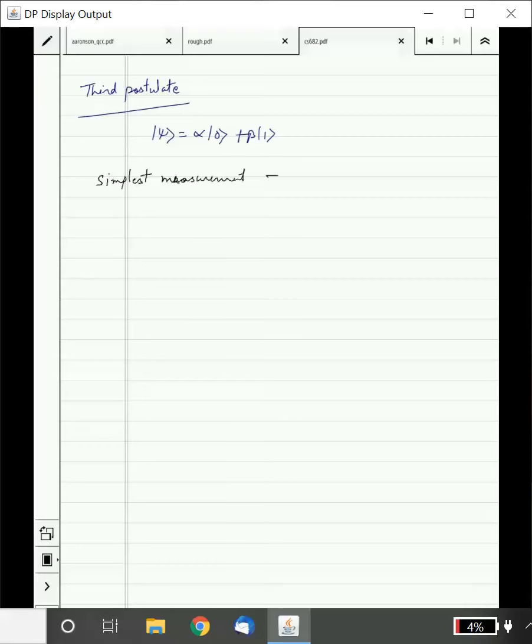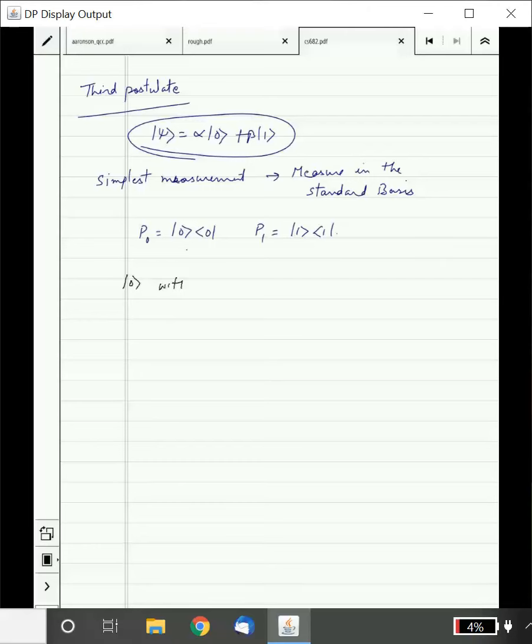What it would mean is that I have two projectors corresponding to the two standard basis states, P0 is |0><0| and P1 is |1><1|, and if I apply this measurement on this state, then I will get 0 with probability alpha square and 1 with probability beta square.